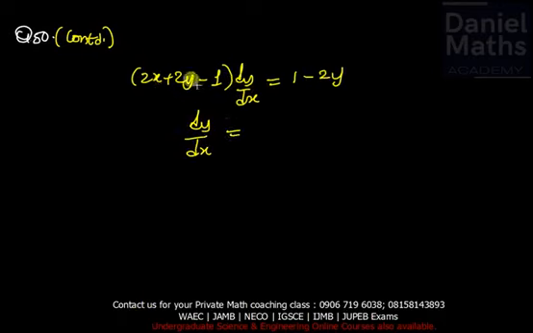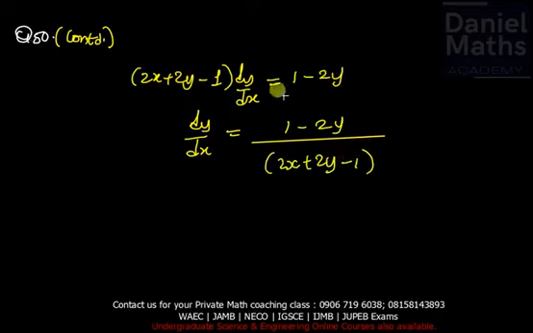I divide both sides by 2x plus 2y minus 1. So dy/dx equals 1 minus 2y all over 2x plus 2y minus 1. So this is basically my solution to this particular problem.